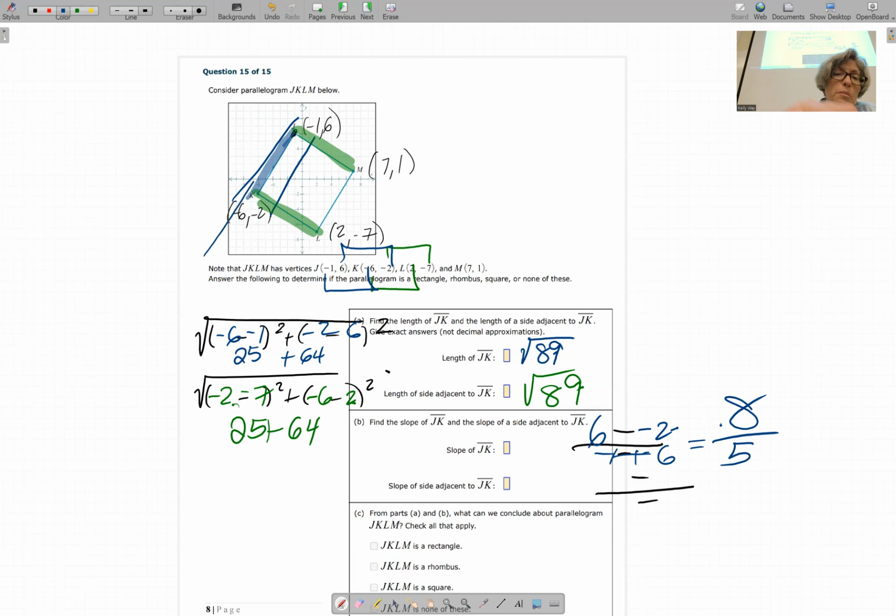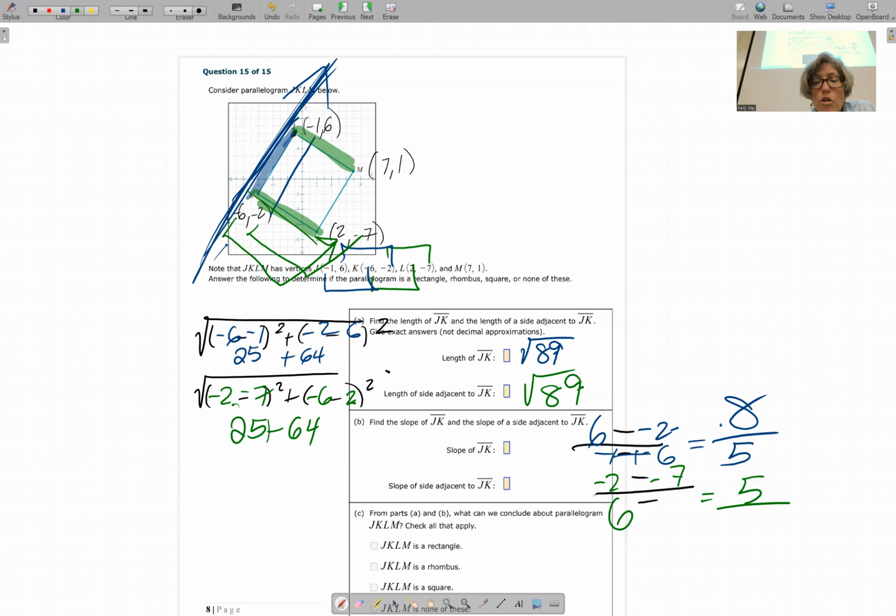We would expect it to be positive because it's going up from left to right. And then we're going to go this way, so -2 minus -7. It's going to be positive 5. And then 6 minus 2. Excuse me, -6 minus 2, that's going to be -8.